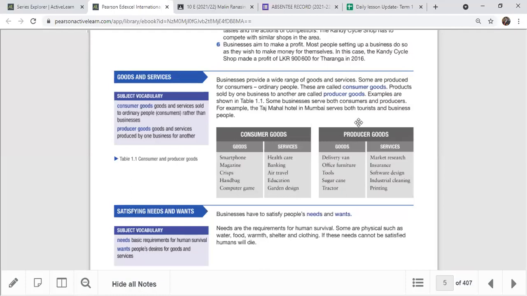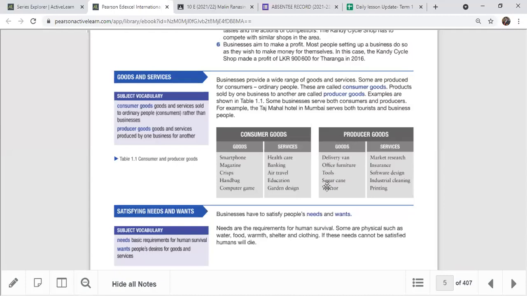On the other hand, the other column is the producer goods, so you can write down producer goods examples: delivery van, office furniture, tools, sugar cane, tractor. There are 5 examples given; write about 4 or 5. The producer goods are normally the goods consumed by businesses.